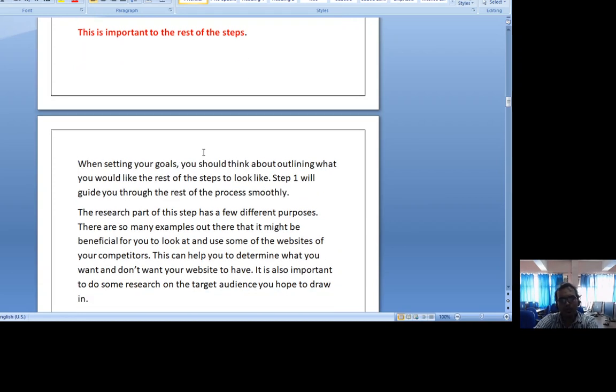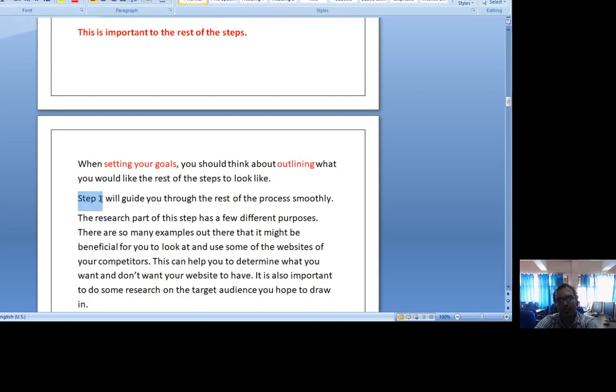When setting your goal, you should think about outlining what you would like to achieve. Whenever we are setting our goals, we should be futuristic. We should understand we need to outline this goal in various steps of accomplishment, and from these steps we need to derive some steps.